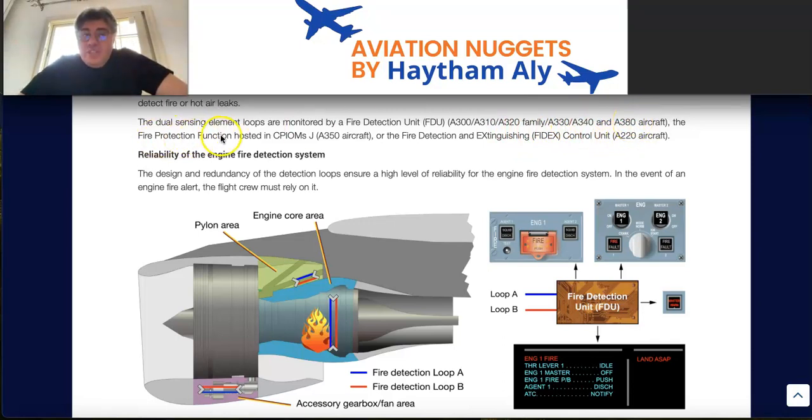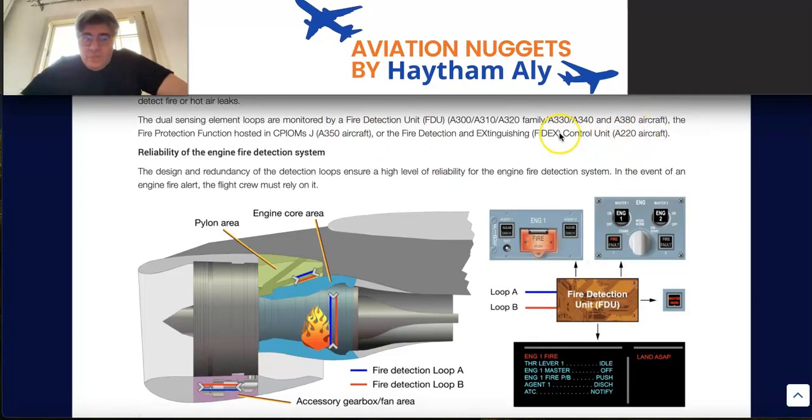The fire protection function is hosted in the SDIOM in the A350 aircraft, or the fire detection and extinguish control unit in the A220 aircraft. This is another name for the fire detection unit in the A350 and in the A220 aircraft. Okay, everybody?